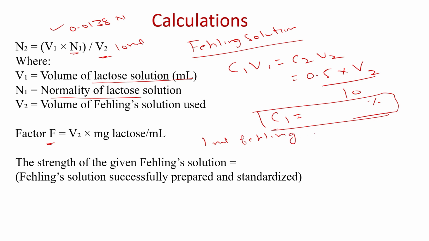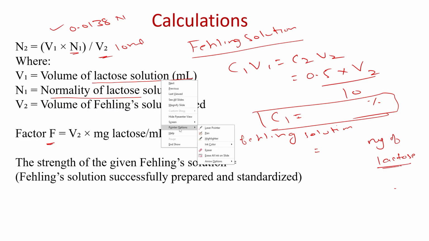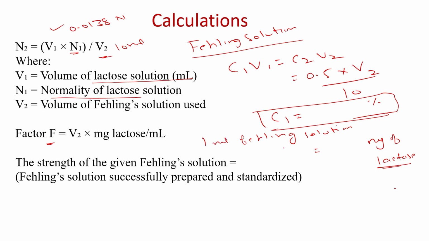1 ml Fehling solution is equivalent to how many milligrams of lactose. So we can calculate the factor F, meaning how much 1 ml Fehling solution is equivalent to in terms of quantity, the milligrams of lactose. Here we have seen that the 0.5% lactose solution we have used is equivalent to 5 milligram per ml.